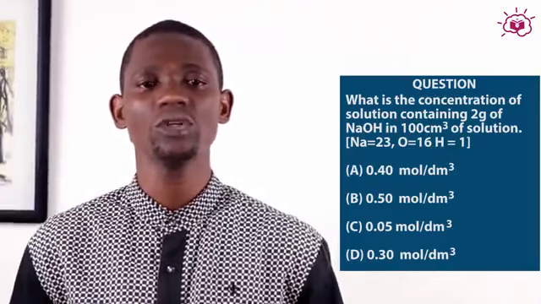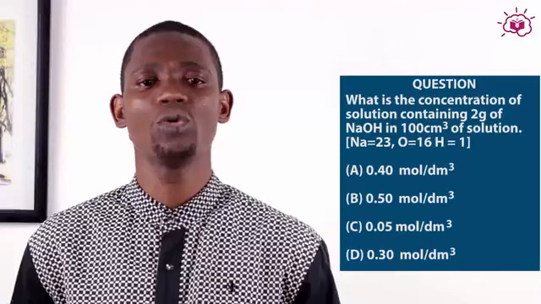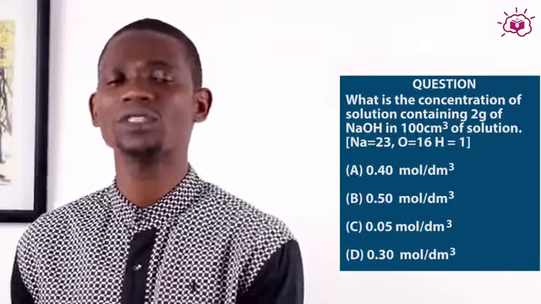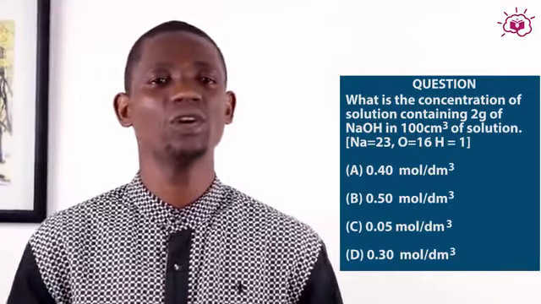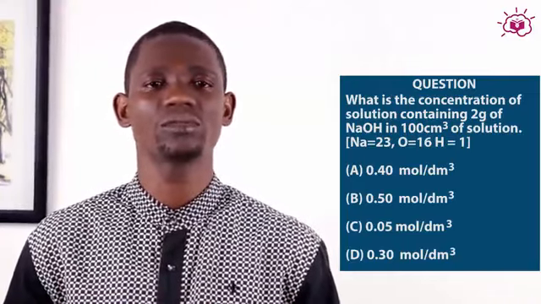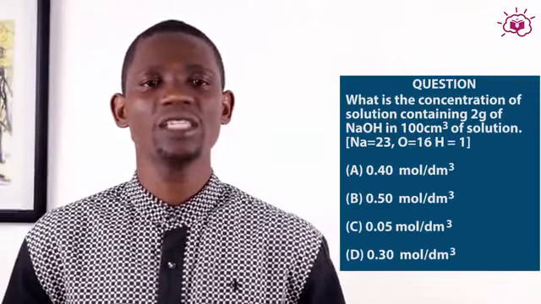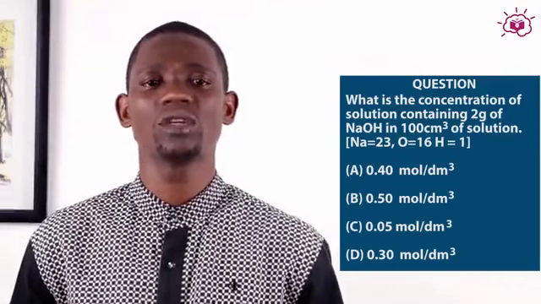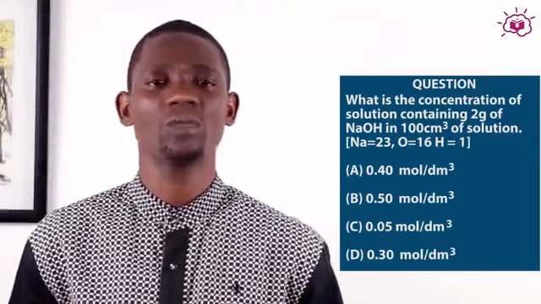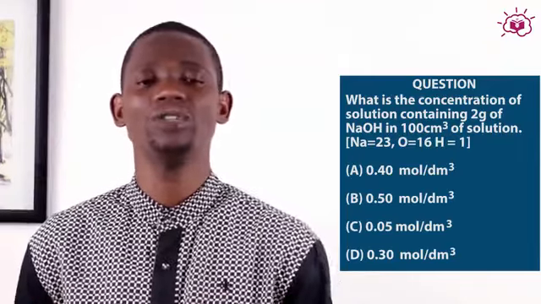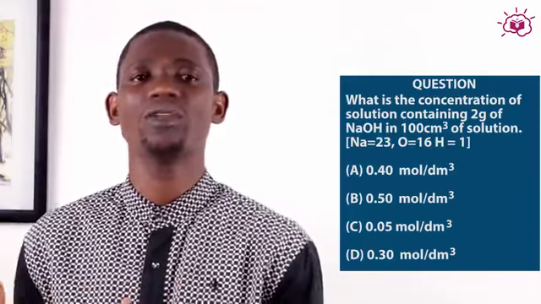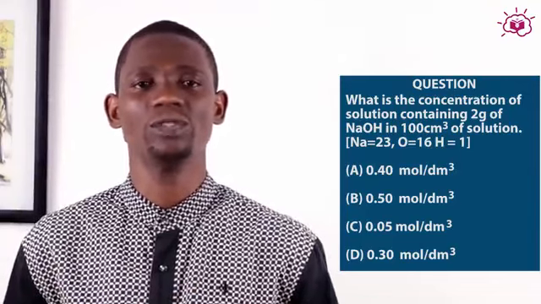So molar concentration will be the number of moles multiplied by 1000 divided by the volume given to us in cm3. Fixing in our parameters, the expression becomes 0.05, that is the number of moles, times 1000 divided by 100. Our resultant solution will be 0.5 mole per dm3.